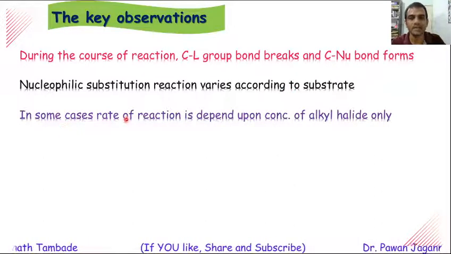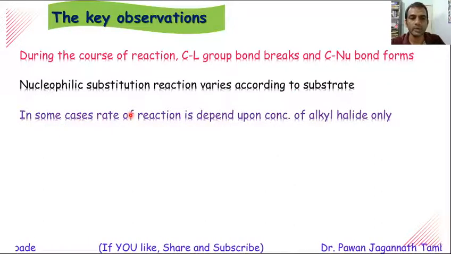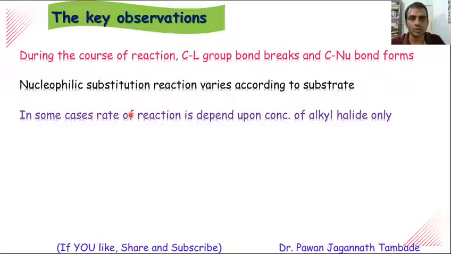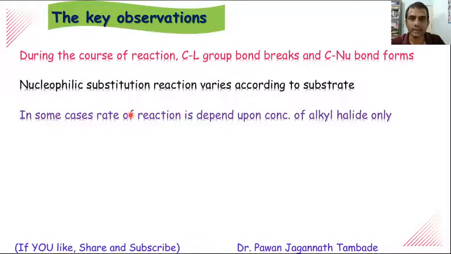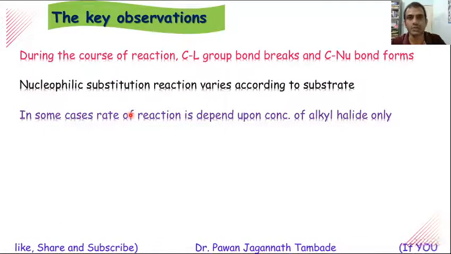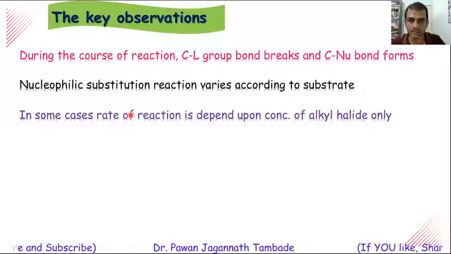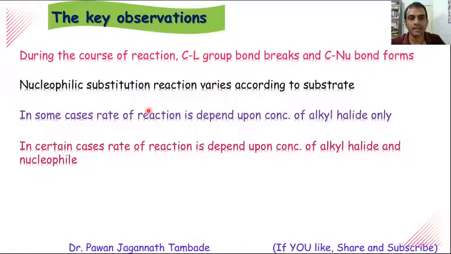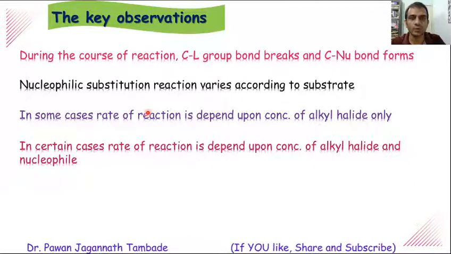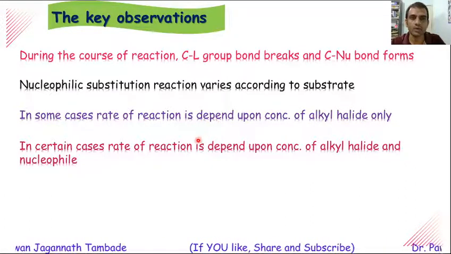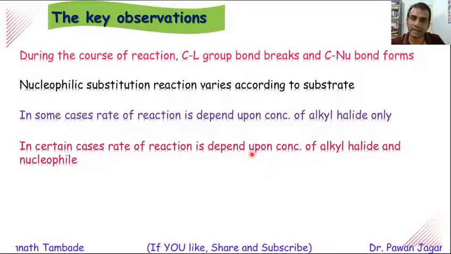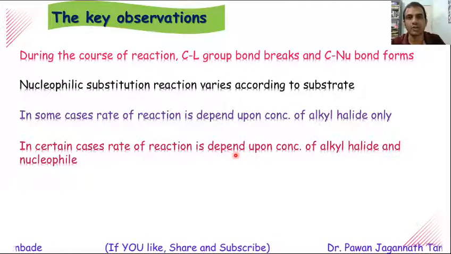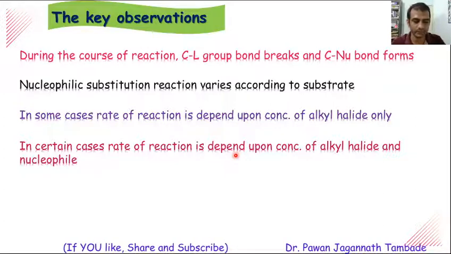In some cases, the rate of reaction is found to be dependent on the concentration of substrate only, and it is independent of the concentration of nucleophilic species. However, in certain cases, the rate of reaction is found to depend upon the concentration of alkyl halide, that is substrate, and nucleophile as well.